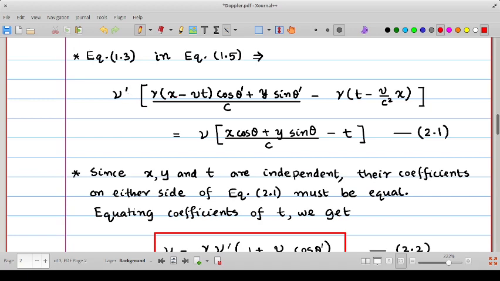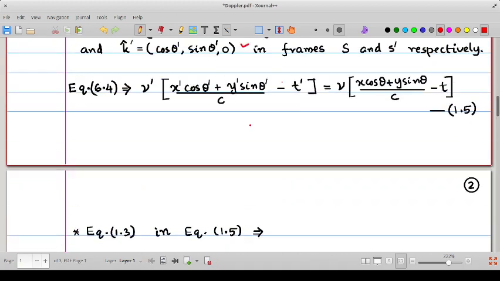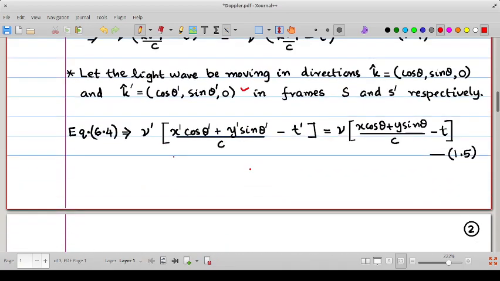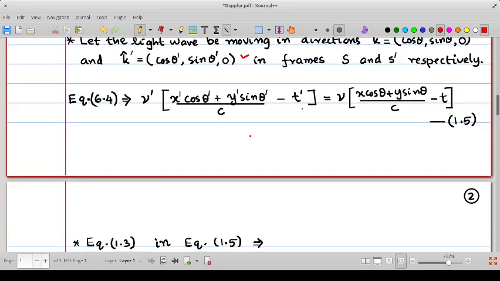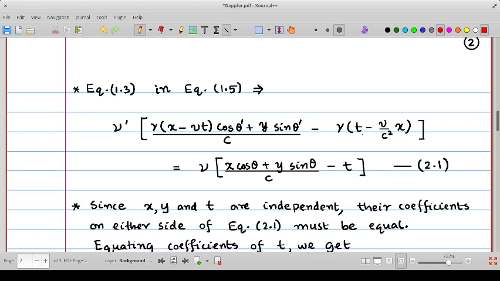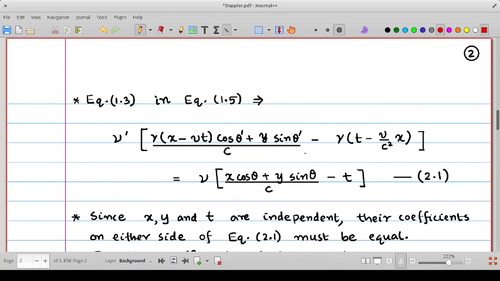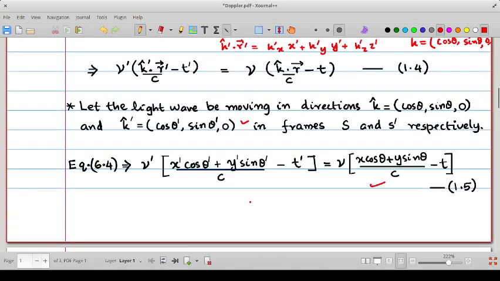Nu', then x' is given by gamma times (x minus vt) cos theta'. Now y' is equal to y, and therefore I can simply write y here, sin theta' by c minus gamma t'. And t' is gamma of (t minus v by c square x), and that is equal to the right hand side, which is this one.